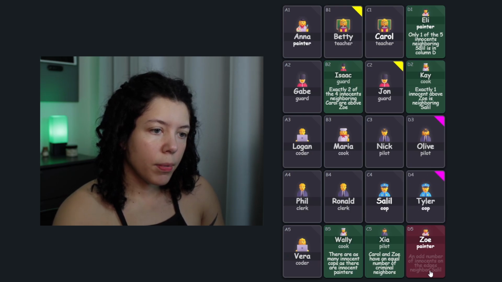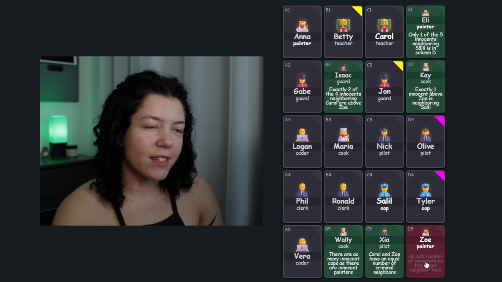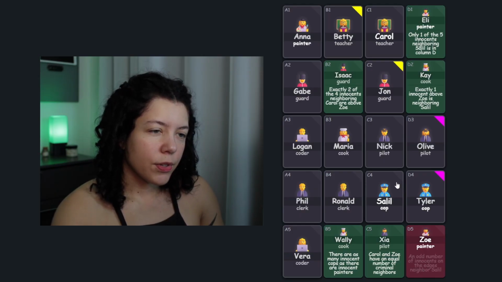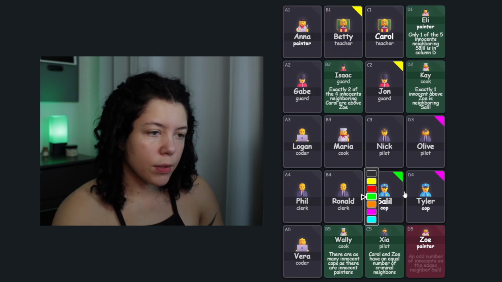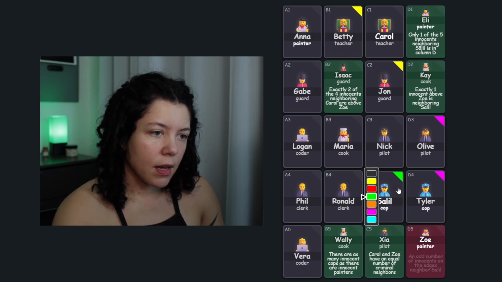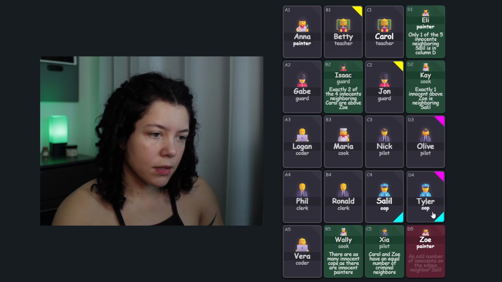And 1 cop is already an innocent and 1 cop is already a criminal. Not cops, painters. 1 painter is already an innocent and 1 a criminal. So that tells us that at least 1 cop is a criminal and 1 cop is an innocent. Let's not use the upper text, let's use the lower text for this situation.